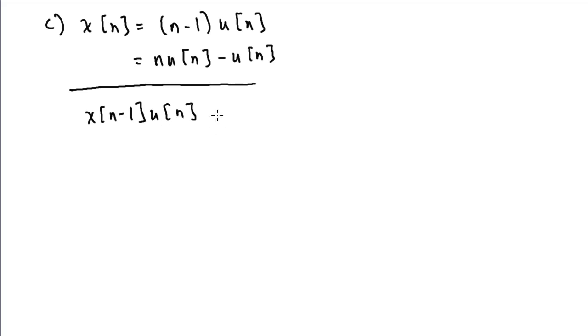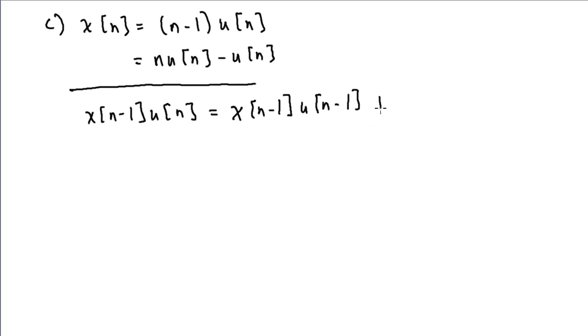We can actually show that this is equal to x of n minus 1 times u of n minus 1. So these would be identical sequences for all n greater than or equal to 1. The only difference is this has a term at n equal to 0.